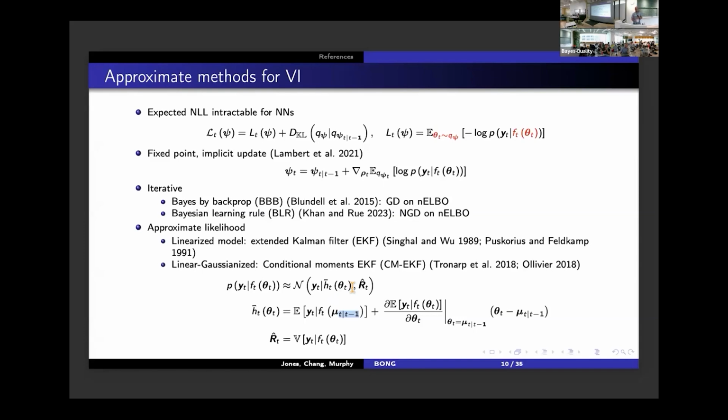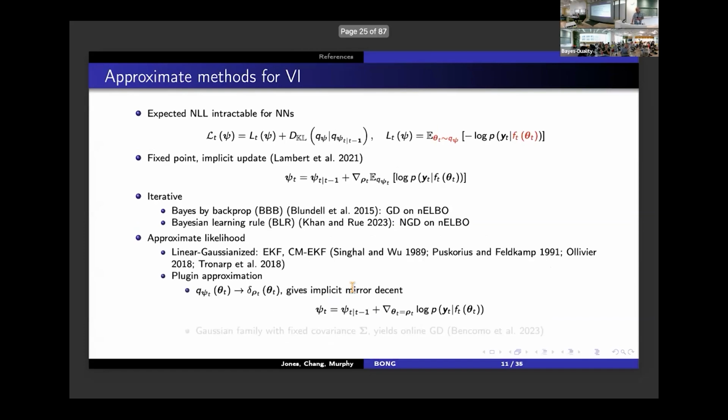So rather than approximating the loss, we can approximate the likelihood. And then once we do that, we get a loss that can be solved in closed form. And finally, another way to approximate the likelihood, essentially, is rather than integrating over the variational family, we can just do a plug-in or a delta method. So we just substitute the prior mean here and don't integrate over all values of theta.